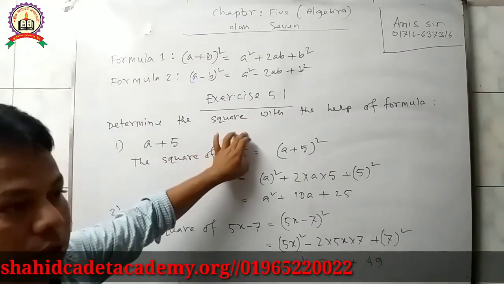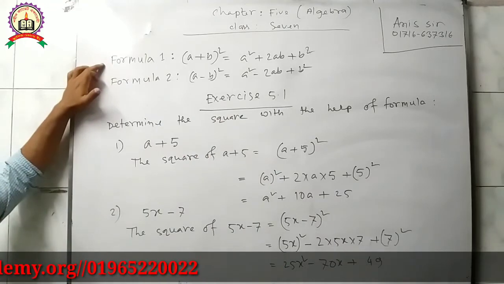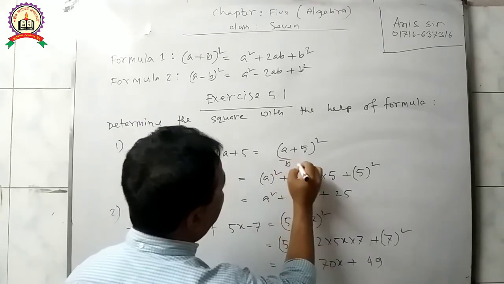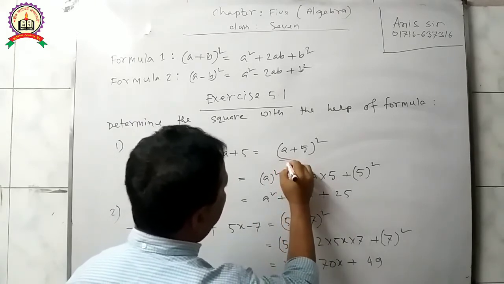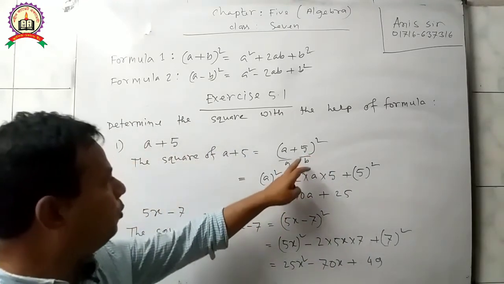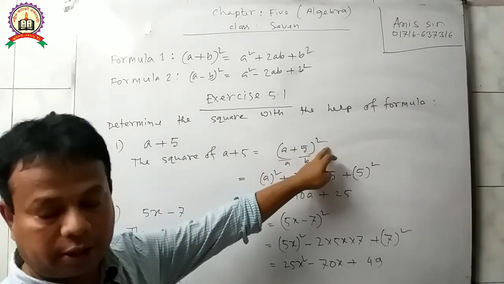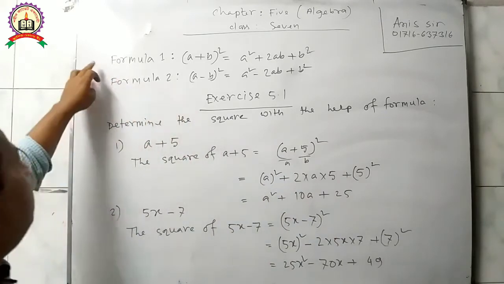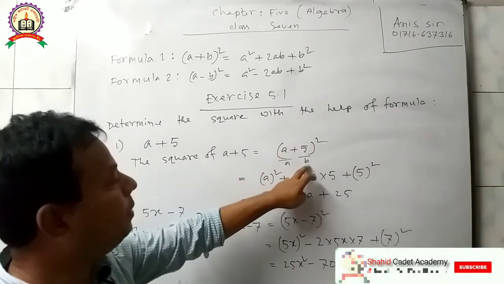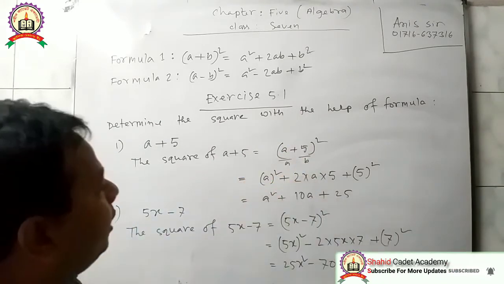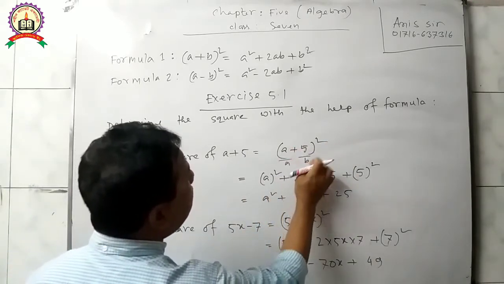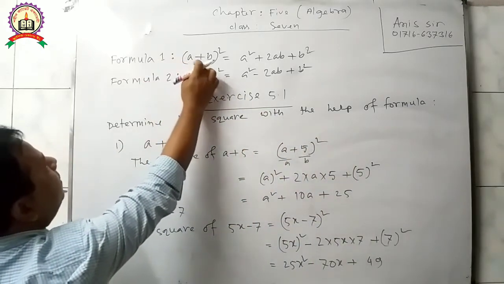We have to solve this question by using formula 1. Then we get a plus b whole square.